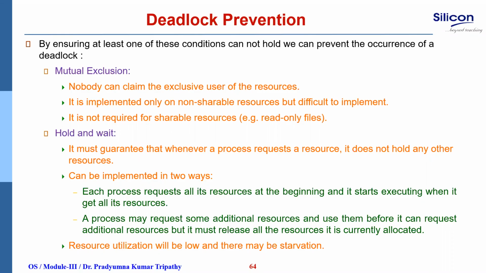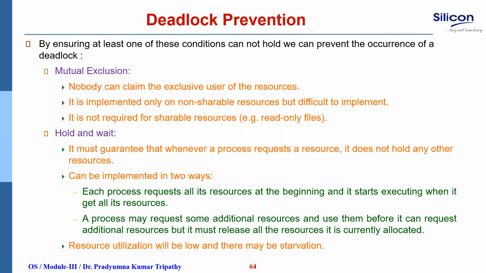The first one is mutual exclusion. So how to prevent the mutual exclusion? It says that nobody can claim the exclusive use of the resource. If we make a rule that you cannot have exclusive access to a resource, you have to share it. Understood? Suppose memory is there, I'll say 2 processes or 3 processes have to share the memory.